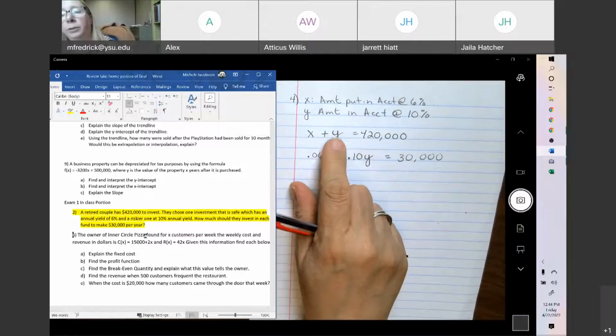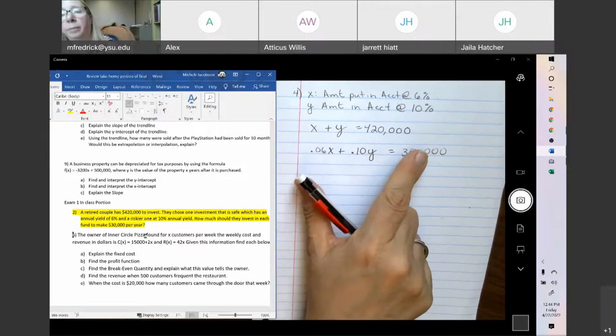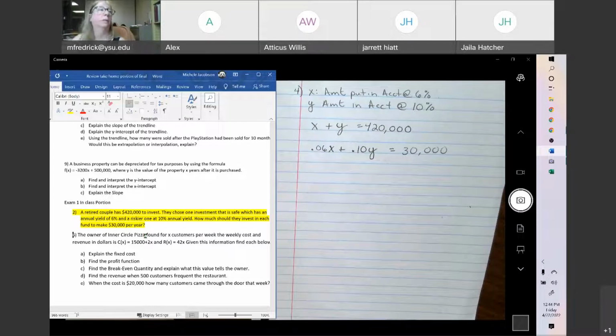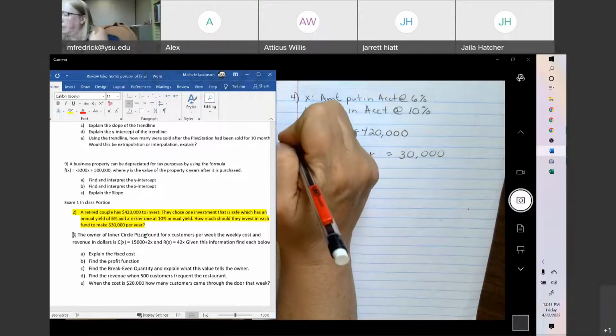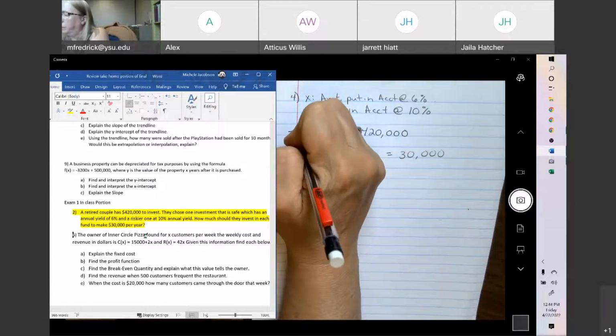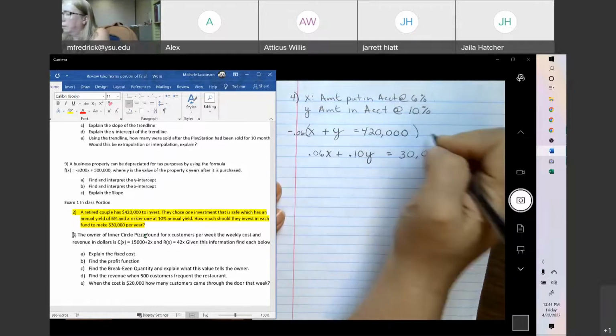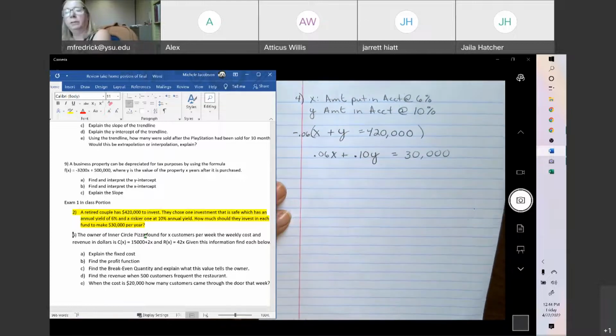Or substitution, we solve this for a variable and then plug it into the other one. I would probably, since it's already written, multiply this one by a negative 0.06 and then just add it to this one.